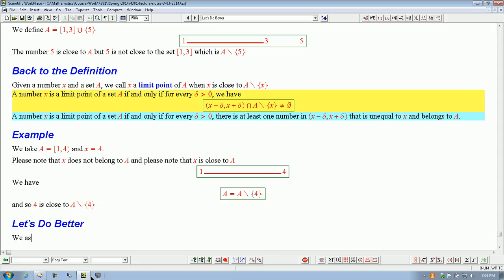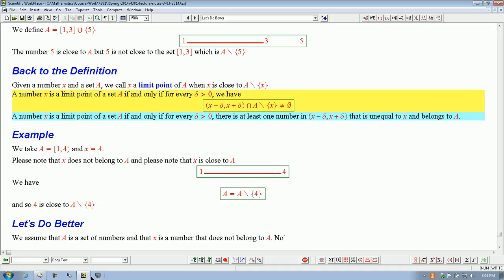We assume that A is a set of numbers. All our sets are sets of numbers unless I say otherwise. If I want a set of chickens, I will tell you. Okay? All right. We assume that A is a set of numbers and that X is a number that does not belong to A. Do you understand?